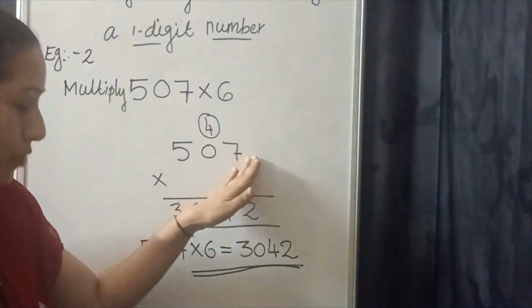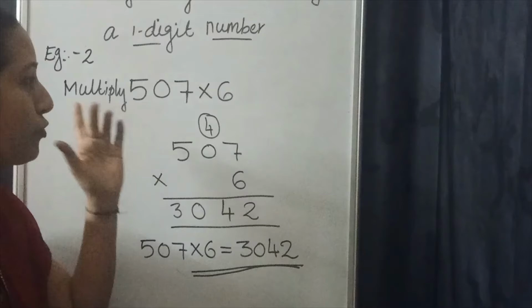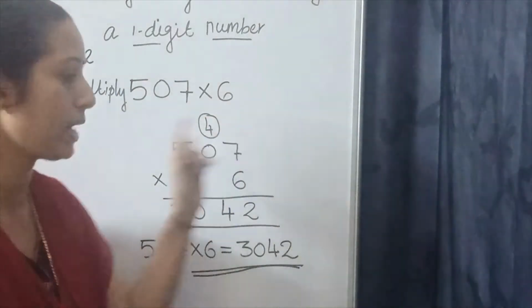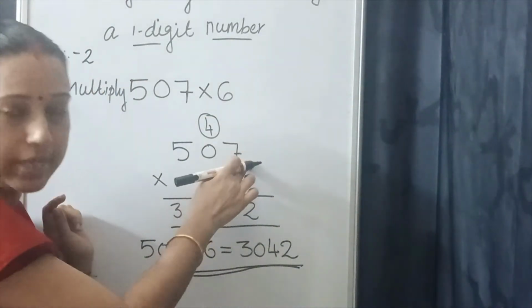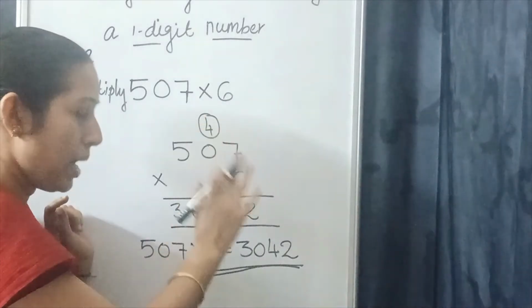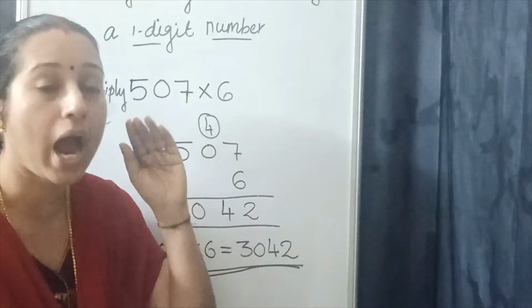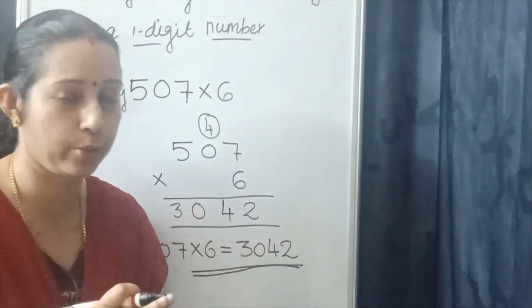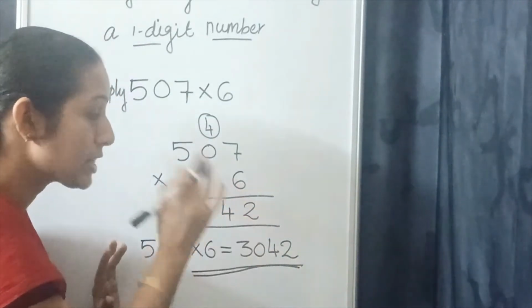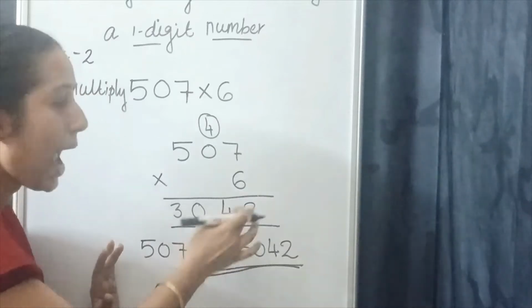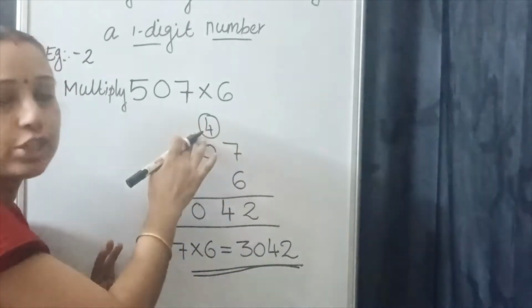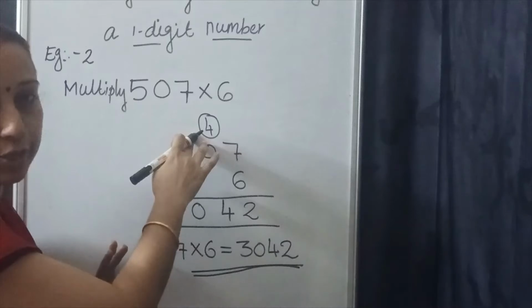Okay, so for the multiplication of a 3-digit number by a 1-digit number, we start from the ones place. First multiply the ones place digit of the multiplicand and the multiplier. If the answer is a 2-digit number, we regroup. The ones digit we write in the answer place and the tens digit is carried forward to the next place as the carryover.